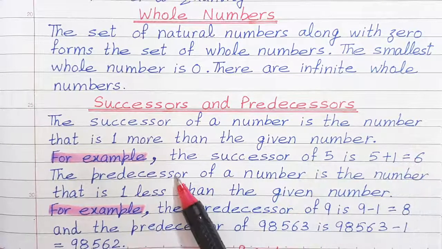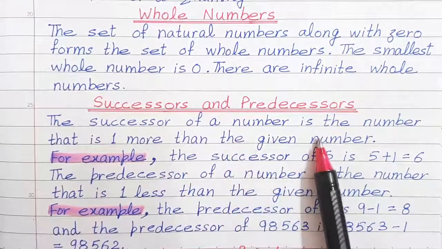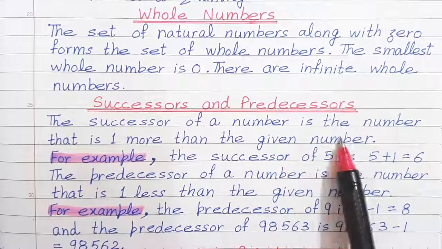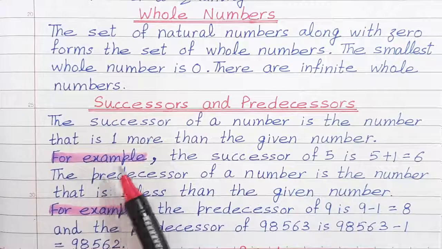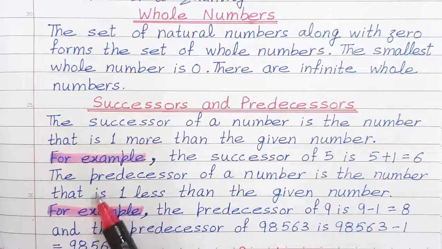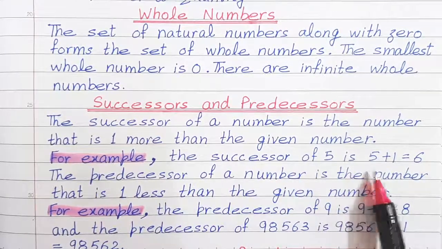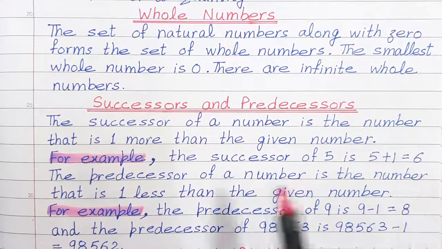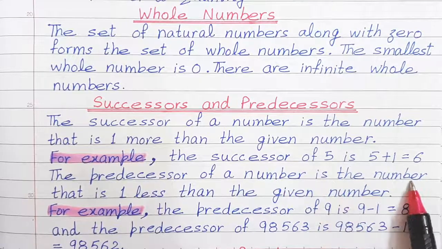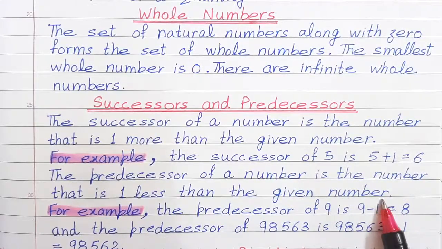Now children, let us discuss successors and predecessors. The successor of a number is the number that is one more than the given number. For example, the successor of 5 is 5 plus 1, 6. The predecessor of a number is the number that is 1 less than the given number.